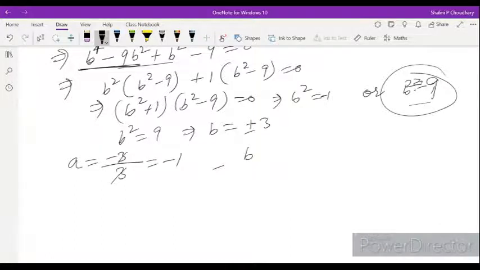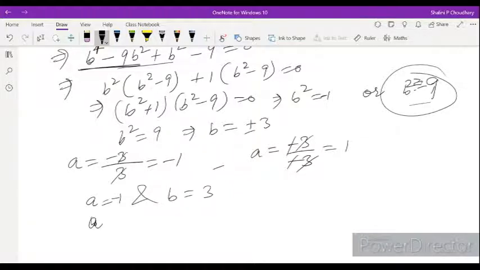And if we take b = -3, then a will be -3 upon -3, so that will be 1. It means if a is -1, b will be 3, and if a is 1, then b will be -3.